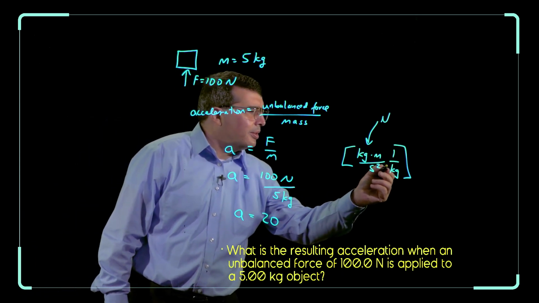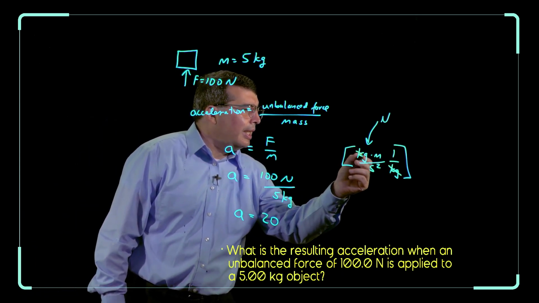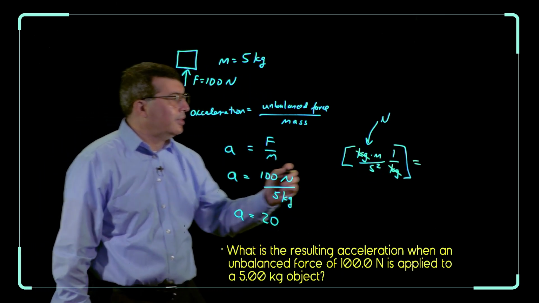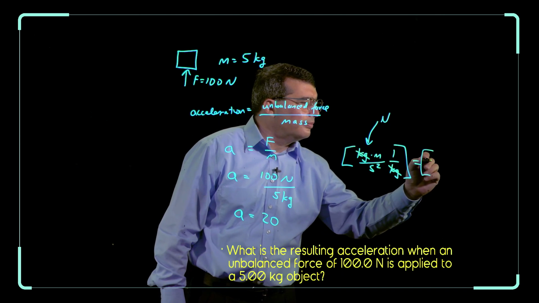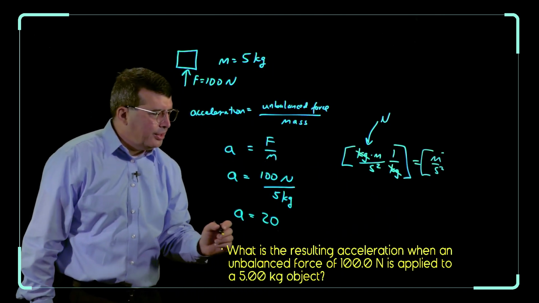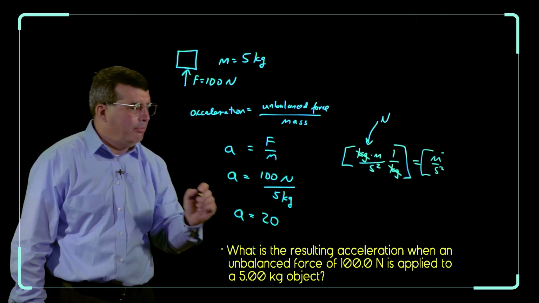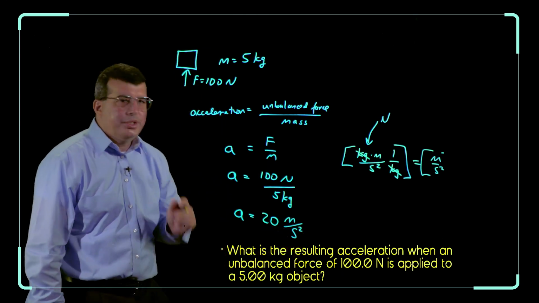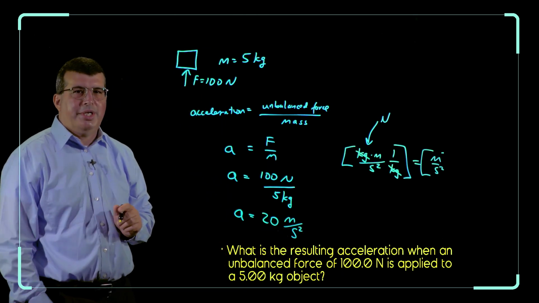Well, my kilograms are going to cancel out, and my units that I'm left with are just going to be meters per second squared. So my acceleration will be 20 meters per second squared, just as we know the units of acceleration have to be.